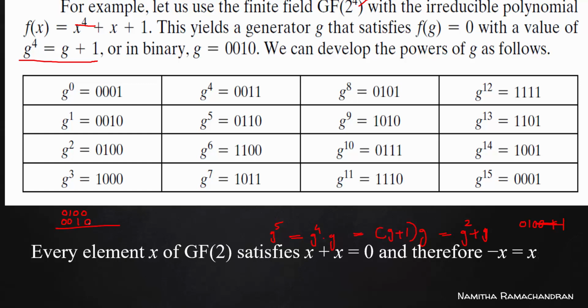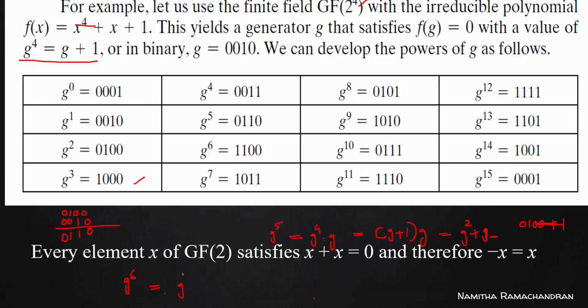In order to perform this addition operation, we can perform XOR operation also. Here XOR operation is equivalent to addition. So this is 0, 1, 1, 0. Then we can calculate g to the power 6.